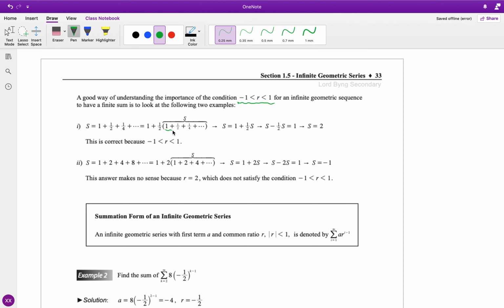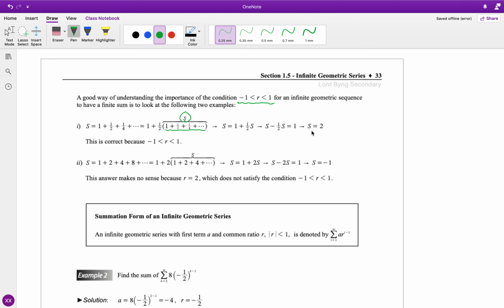Then you got the same sum here. So you can rewrite it: this sum equals 1 plus 1/2 times the sum. You can write that way because there's no ending. If there's an ending, you cannot pull out this one and still have the same sum, if you understand what I mean.